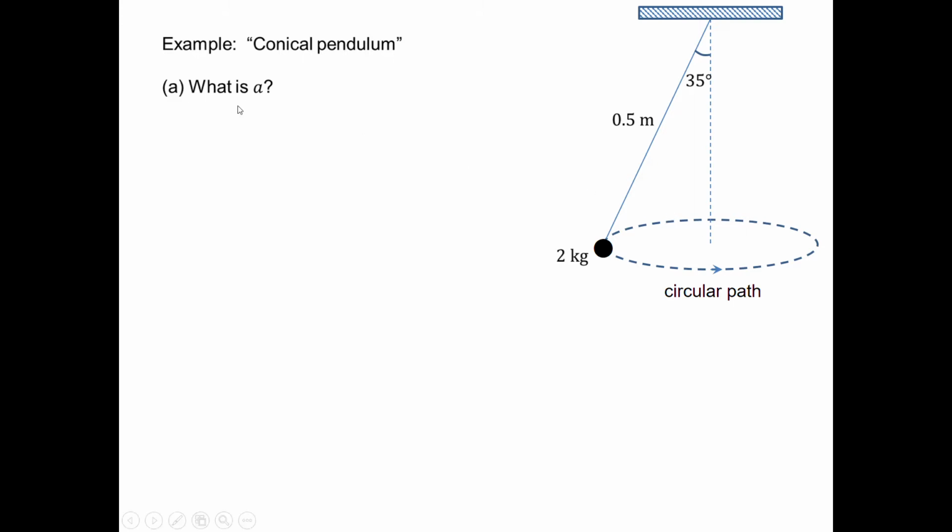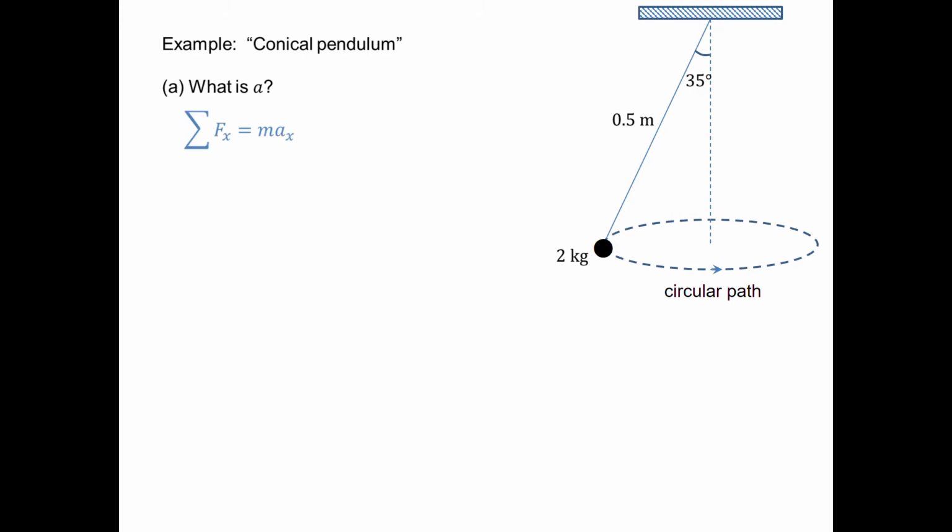Given that, what is the magnitude of the acceleration in this example? As always, if we want to find an acceleration, hopefully we know something about the forces and we can use F net equals ma, both x components and/or y components, and we have to decide what x and y mean. So let's get into it.